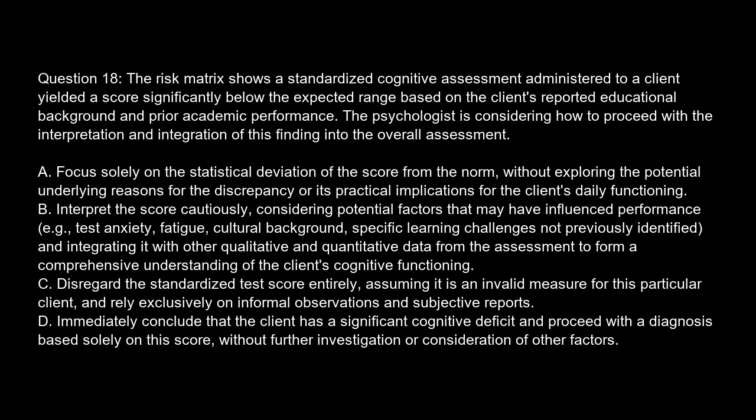Option C. Disregard the standardized test score entirely, assuming it is an invalid measure for this particular client, and rely exclusively on informal observations and subjective reports. Option D. Immediately conclude that the client has a significant cognitive deficit and proceed with a diagnosis based solely on this score, without further investigation or consideration of other factors.